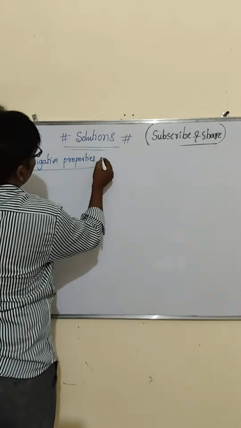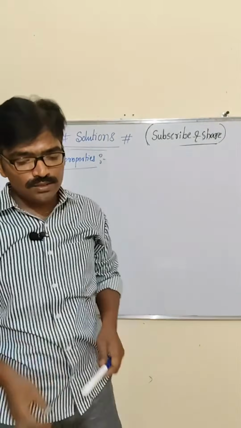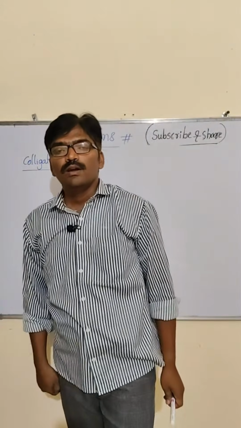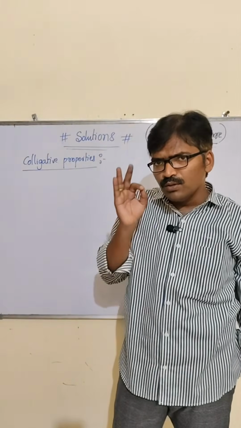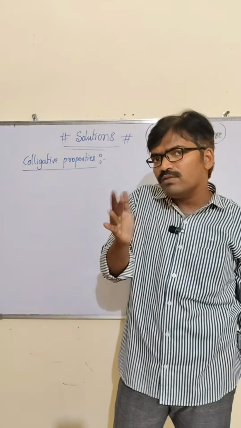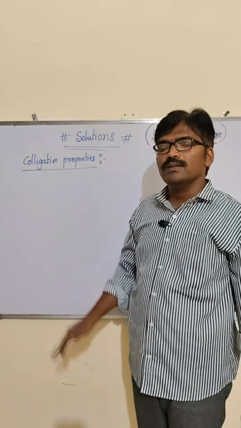So what are the colligative properties? The physical properties of solutions which depend upon only the relative number of solute particles but not the nature of the particles are called colligative properties.